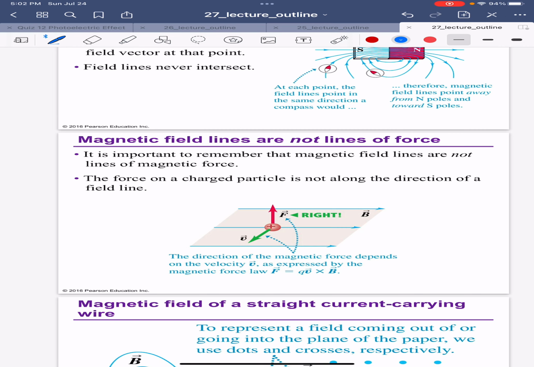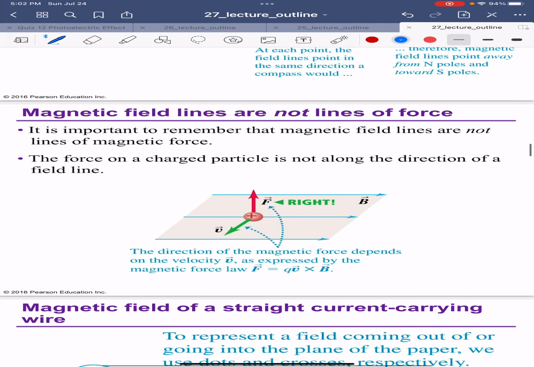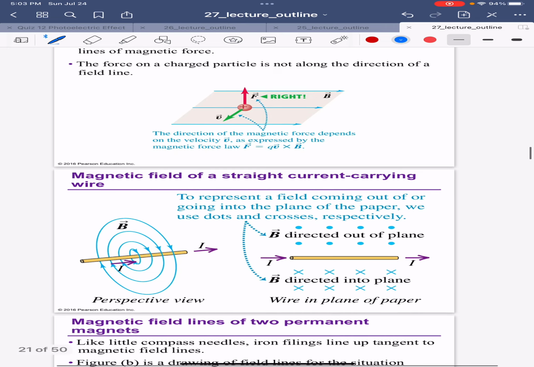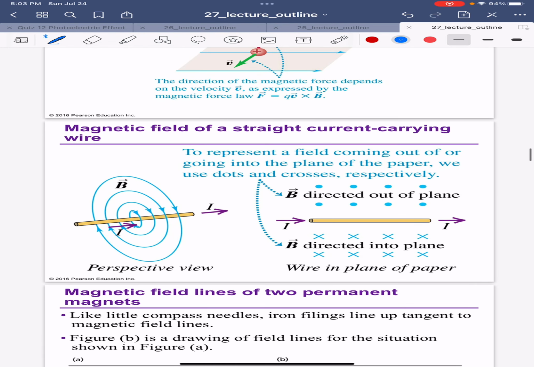Remember, to find the direction of the force, we need to use the right hand rule, where B and V are in the same plane, and then the force is perpendicular to that direction, and we use the right hand rule as was described before.